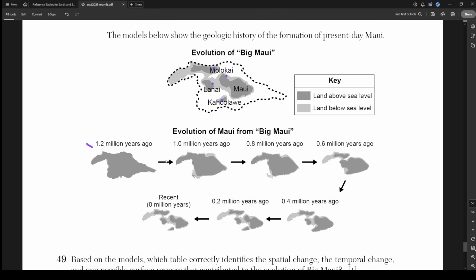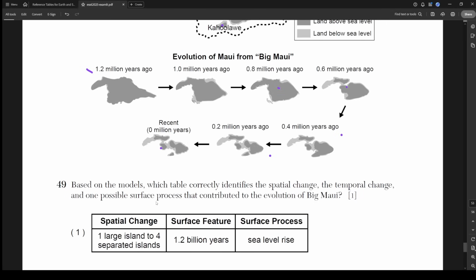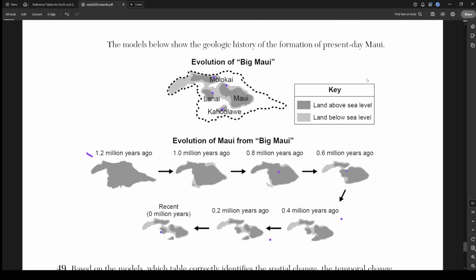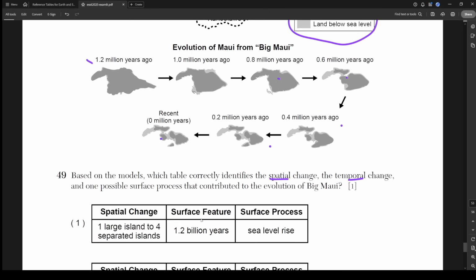So it was here, and now we're separating the pieces.